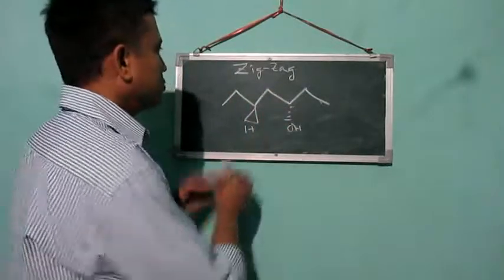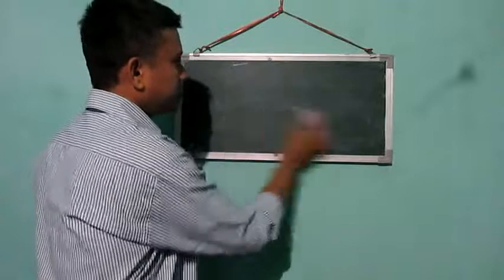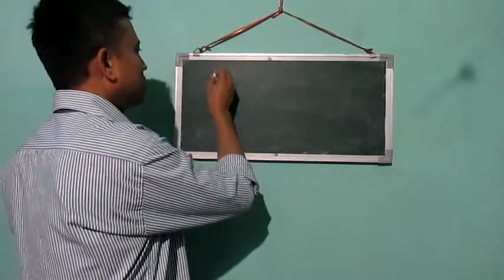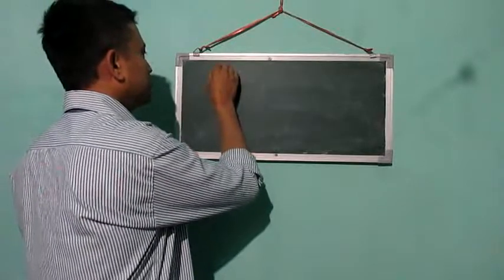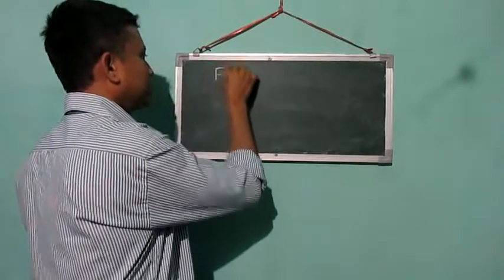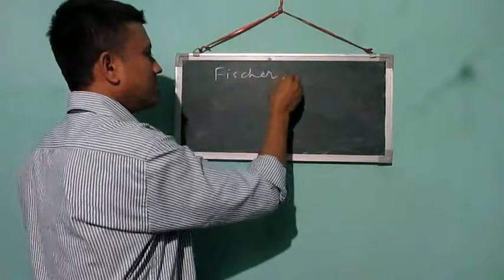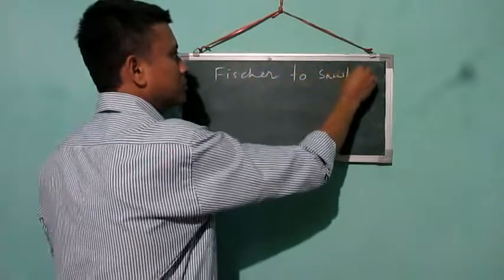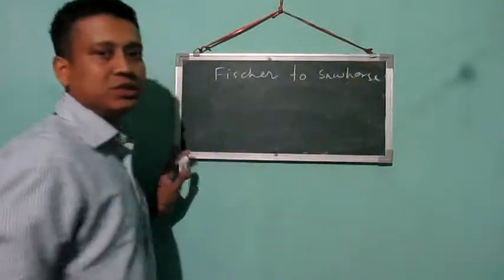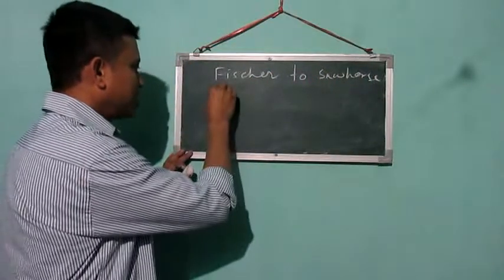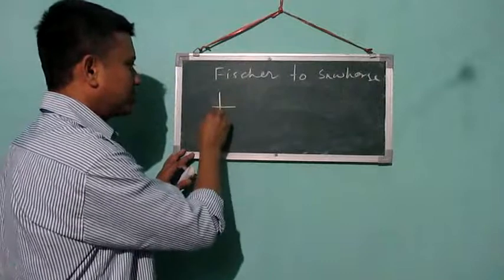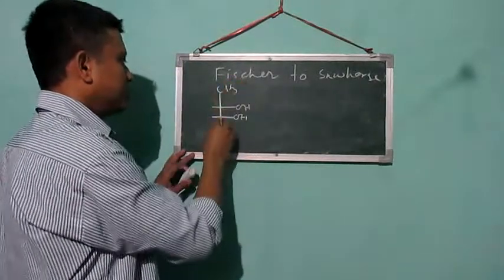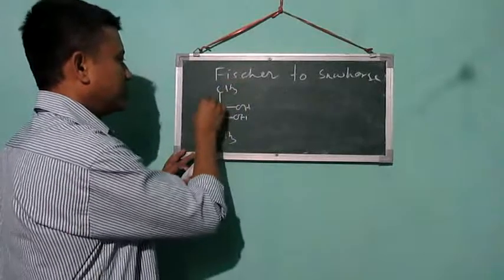So after this, we will learn how to change one structure to another structure. Suppose we have a Fischer structure, Fischer to Sawhorse, how can we represent this one? Suppose we write down the Fischer structure like this, suppose this is OH, this is OH, CH3, hydrogen and hydrogen.